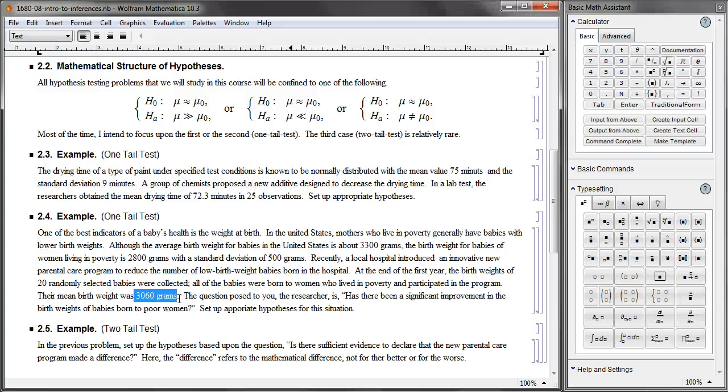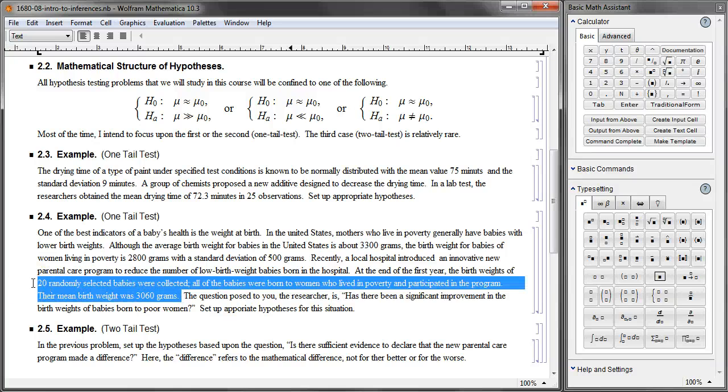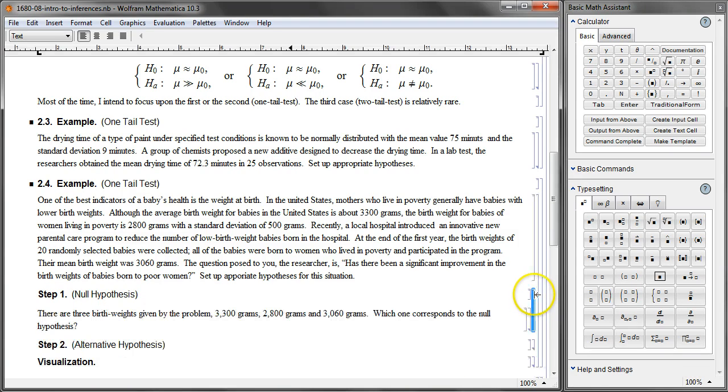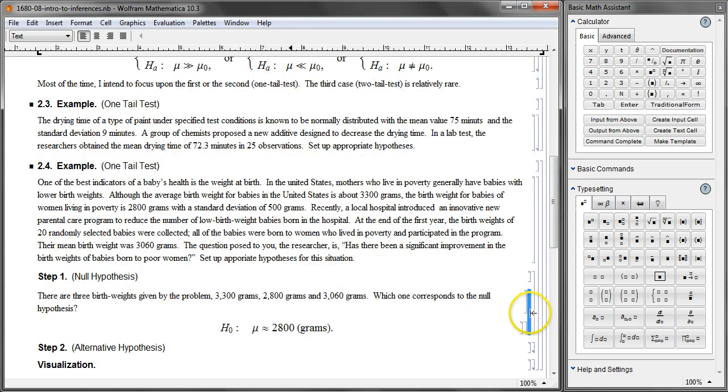And this one is associated to the sample of 20 randomly selected babies. So this is going to be associated to setting up the alternative hypothesis. In short, we have something like this. 2,800 grams.